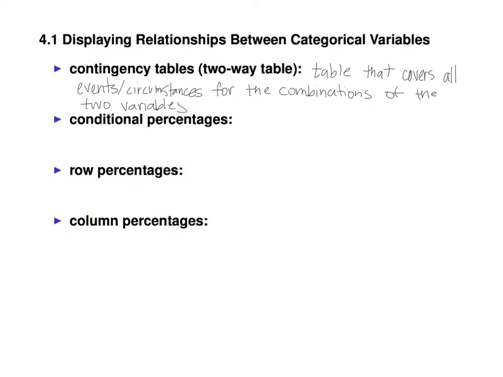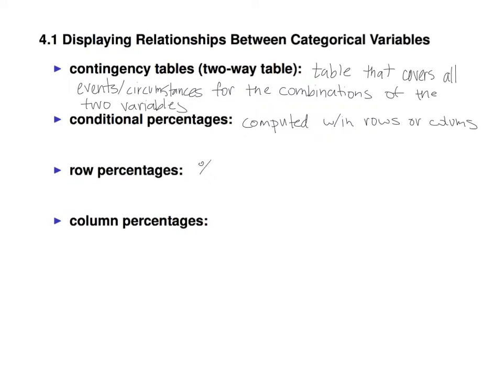Those are called conditional percentages. So you compute these within the rows or columns, and they're going to mean different things based on what the situation is. And which way do rows go in a table? Across? Okay.